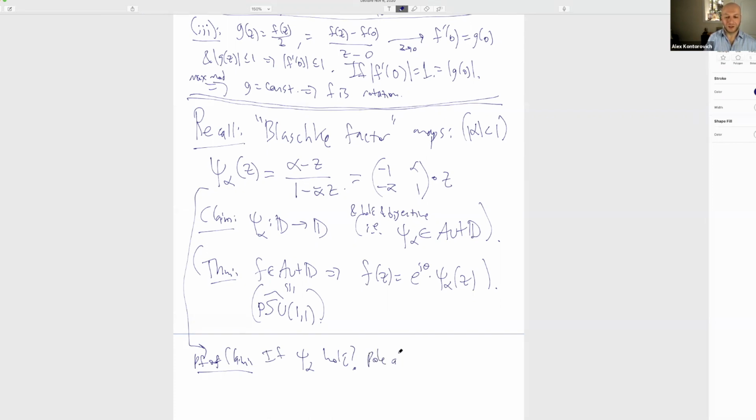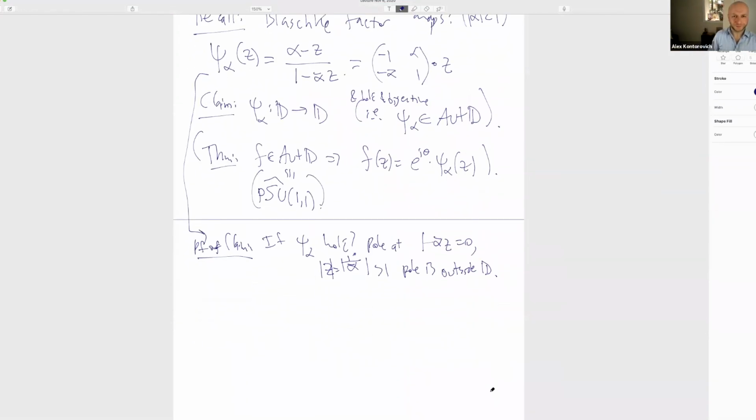Pole at 1 minus alpha bar z equals 0, in other words z equals 1 over alpha bar. Alpha has absolute value less than 1, so 1 over alpha bar has absolute value bigger than 1. So the pole is outside the disk. Okay, so it is holomorphic in the disk.